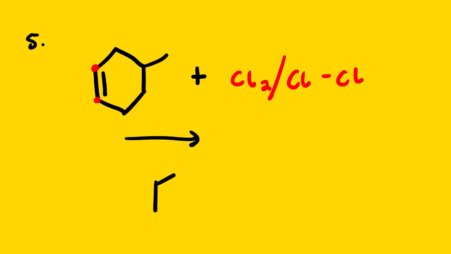Then we can simply remove the double bond. The methyl, it is still there. Our first Cl will be here, our second one will be here. So we have Cl. Done.